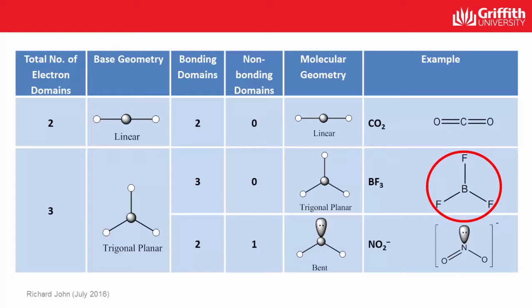In other words, there are 3 bonding pairs of electrons around the central boron atom and there are no non-bonding electrons on that central atom. An example of the latter is the nitrite ion, NO2-, which shows 2 bonding domains, and remember the double bond is considered a single bonding domain, and there is 1 non-bonding domain arising from the lone pair of electrons.